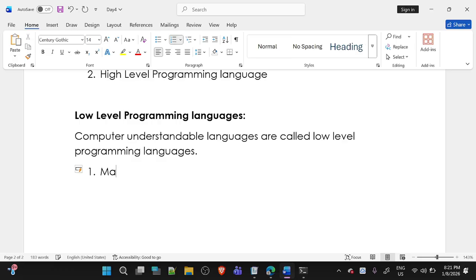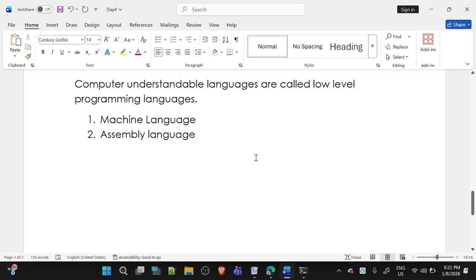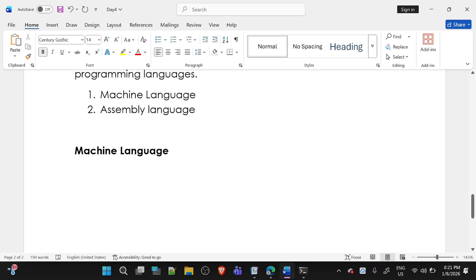So what are the low level programming languages? One is machine language, second one is assembly language. Now the question is, what is machine language?